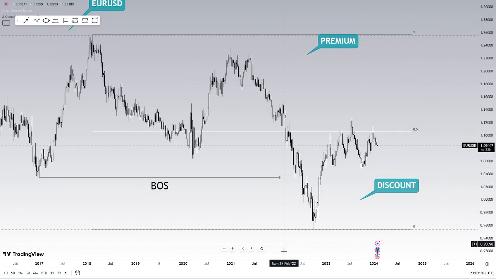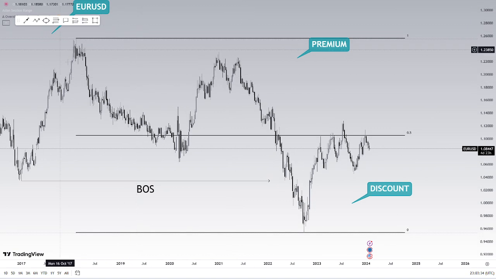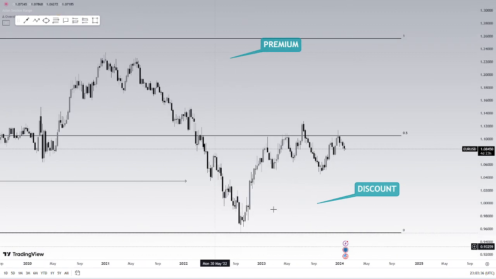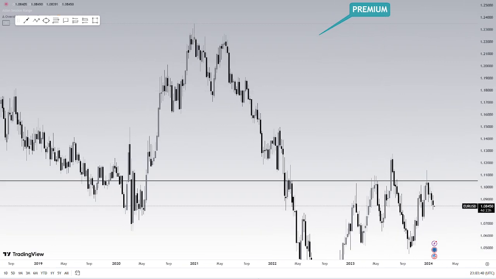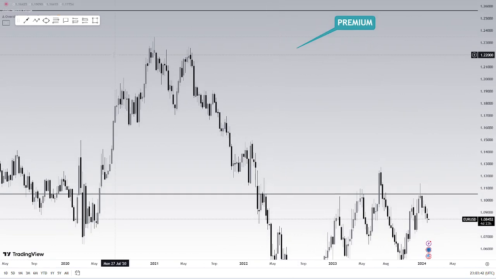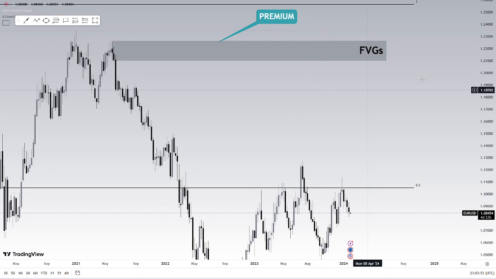So from here, now that we've identified our basic structure and our PD array, so this is our PD array from the swing high down to the swing low, what do we look for now? Now we look for, as we're bearish, we look in the premium and we look for areas of inefficiency or fair value gaps. So if I just mark them out on the chart, and then I'll explain them in a bit afterwards. But fair value gaps should be pretty familiar to all the traders who have traded ICT.